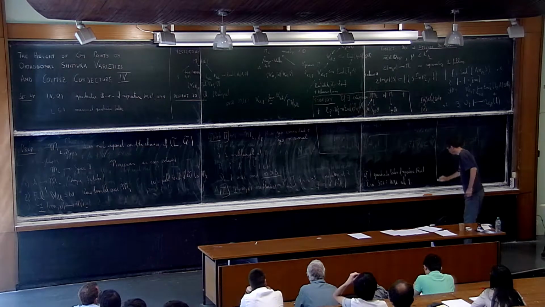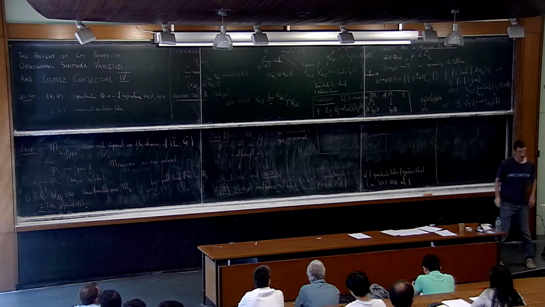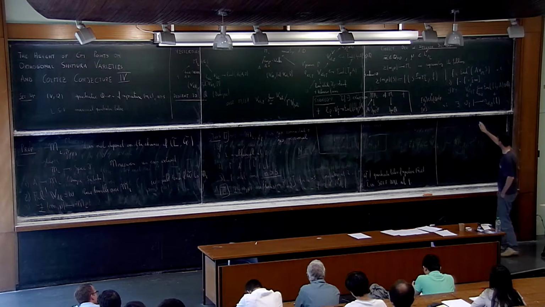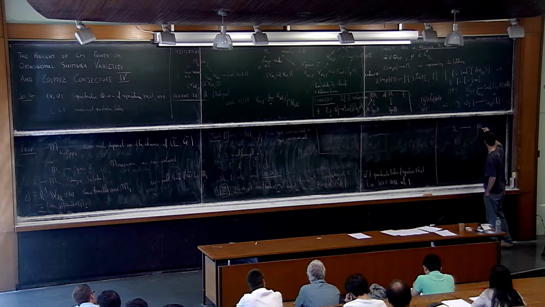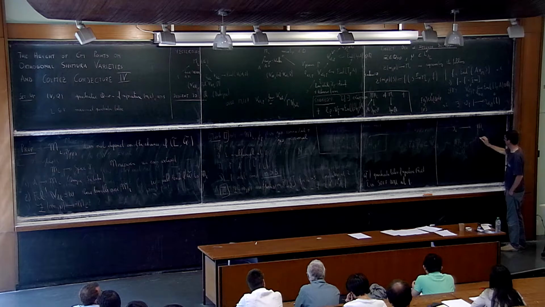So where are we now? So far we defined, remember that at the beginning, in lecture 1, I told you that I want to define an object ML with a metrized line bundle.